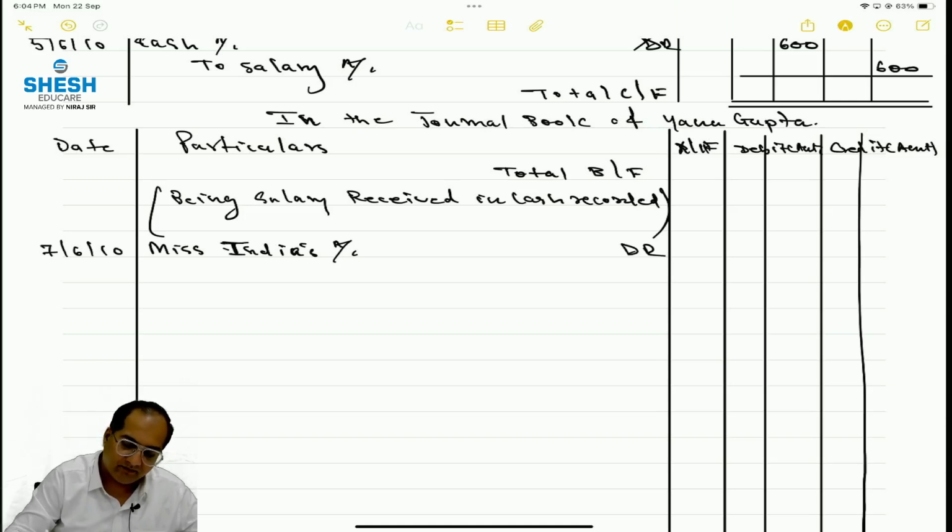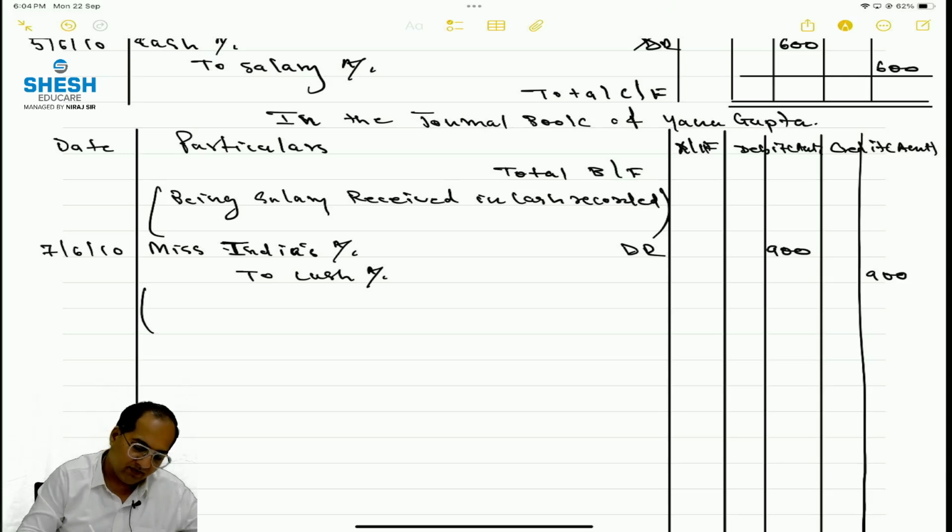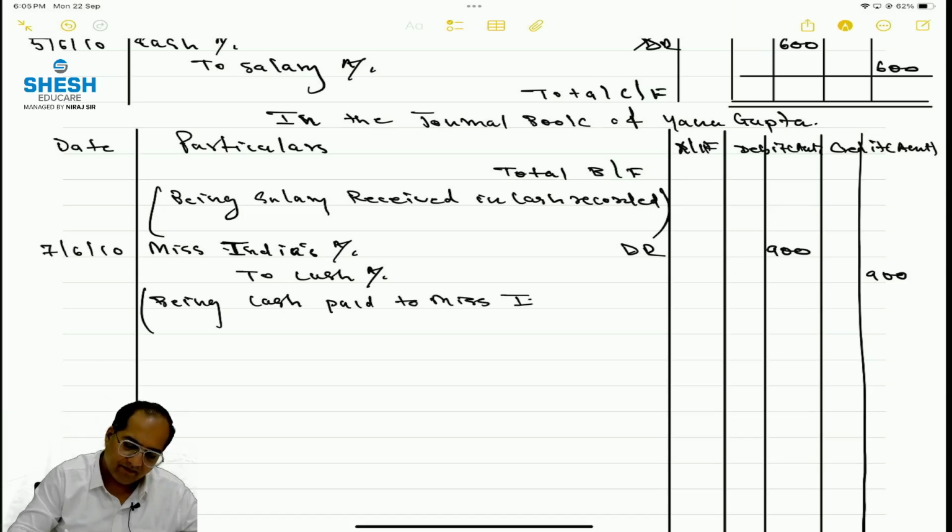How much? 900, to cash account 900. What will we write in the narration? Being cash paid to Miss India recorded.